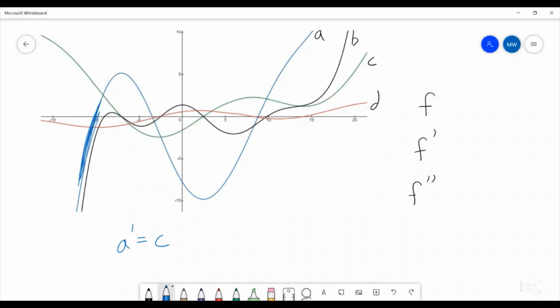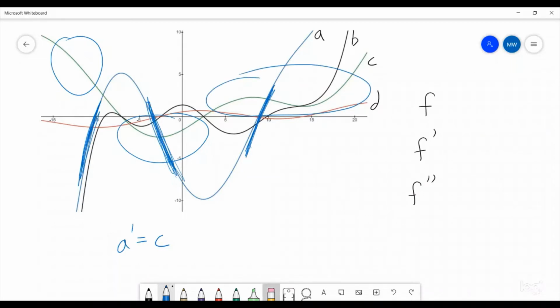A is increasing, so that means that the graph of its derivative should be positive, which it is. Then here, A is decreasing, so the graph of C should be negative, which it is. And then here the graph of A is increasing, so the derivative graph, C, should be positive, which it is.